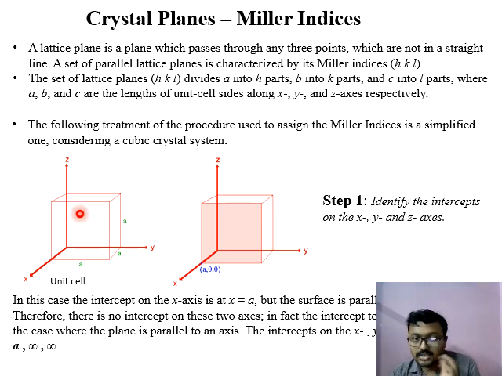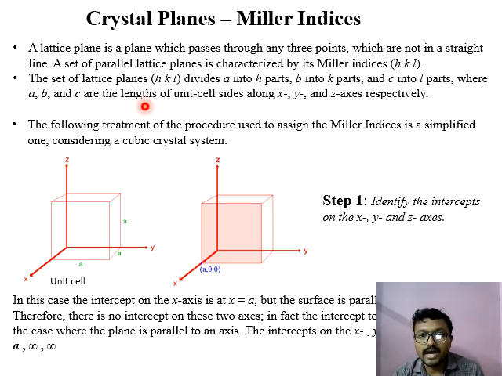Actually, not only these faces, we can have a crystal plane if we say three points in a crystal. Let's say a lattice plane is passing through three points. Let's say we have three points in a crystal, point 1, point 2, and another point, the third point. If we join these three points, we'll get one plane, right?